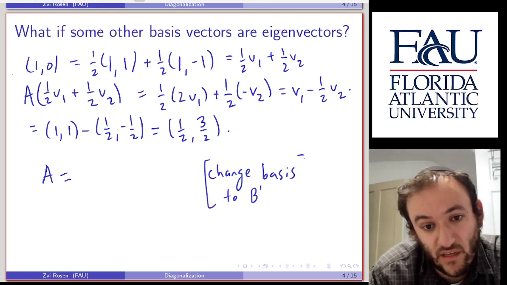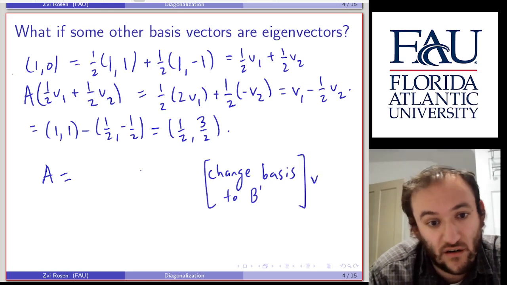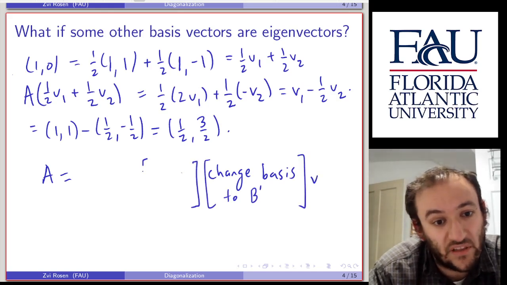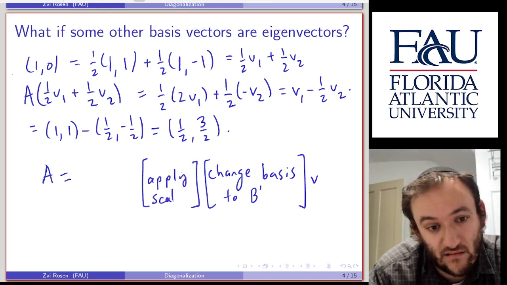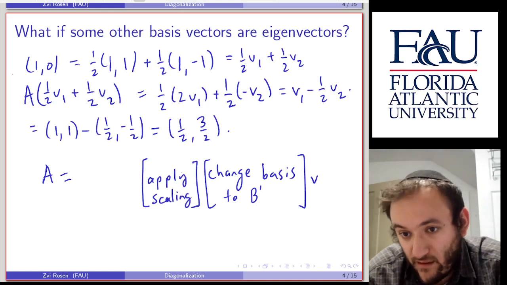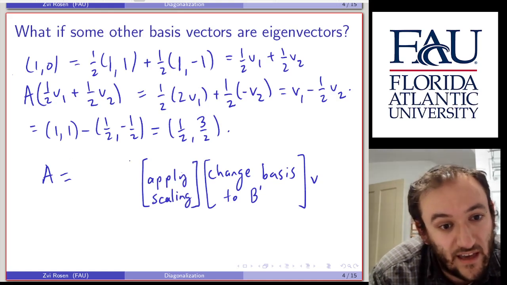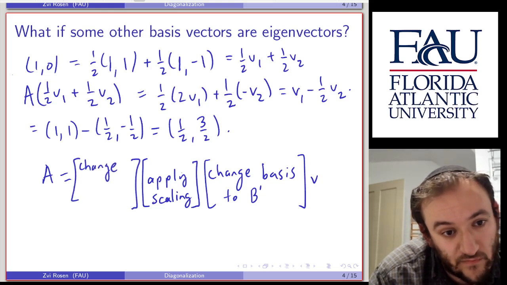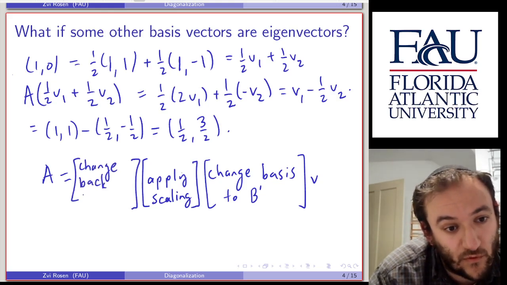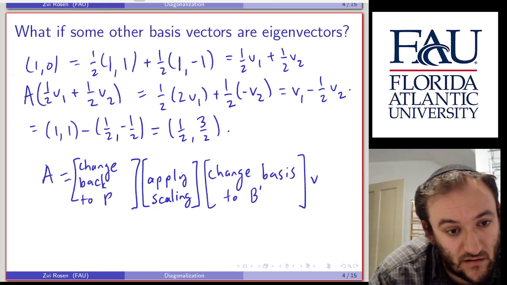That's going to be the first thing you do to your vector. Then apply A, or apply the scaling from A, using the eigenvalues, and then change back to the original basis. Which is basically what we did here.